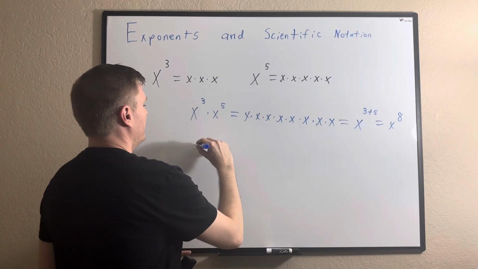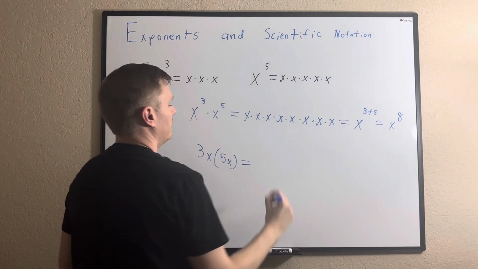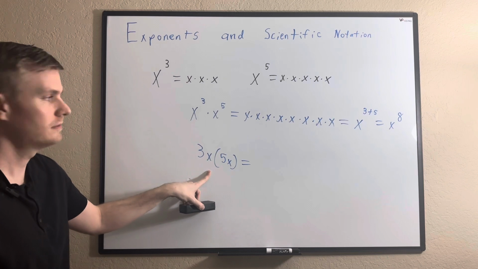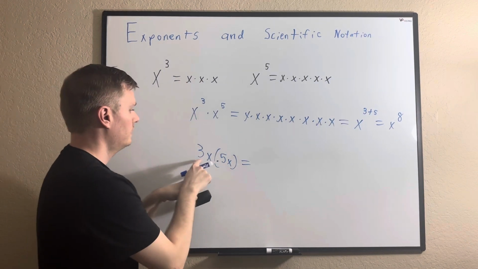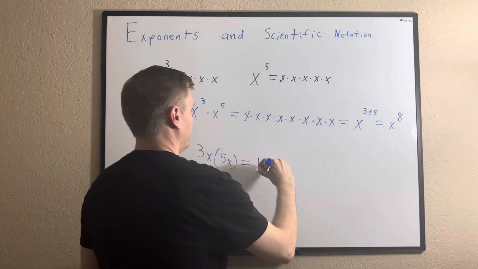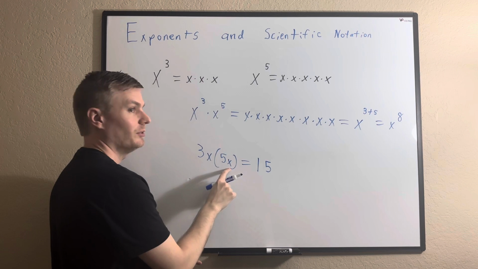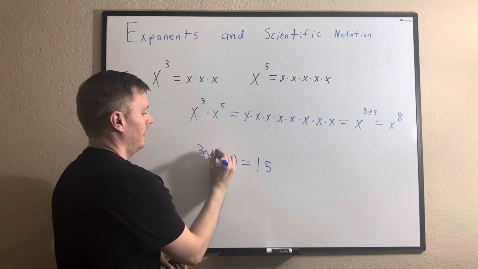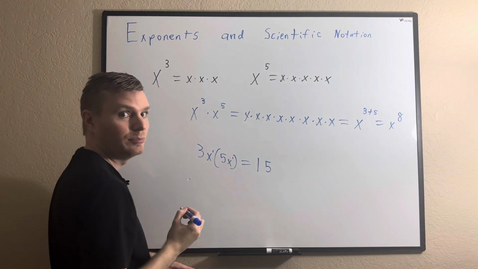But compare that. See, x cubed times x to the fifth, sometimes I call it cubed, same thing, x to the third. Compare that to 3x times 5x. Completely different situation. This isn't an exponent, this is a coefficient. So you actually multiply those together and you get 15. But you are multiplying these x's together, and those have an understood exponent of 1.